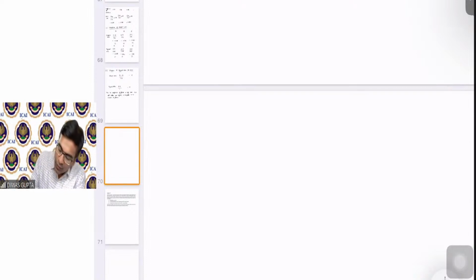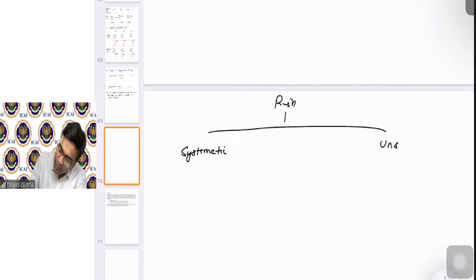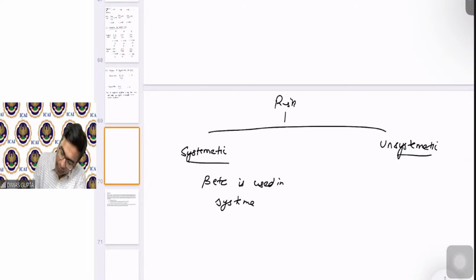Okay. Now, students, please again concentrate here. So, students, I discussed with all of you that there are two things in risk. One is systematic risk, and second was unsystematic risk. We said that beta is used in systematic risk. Correct.